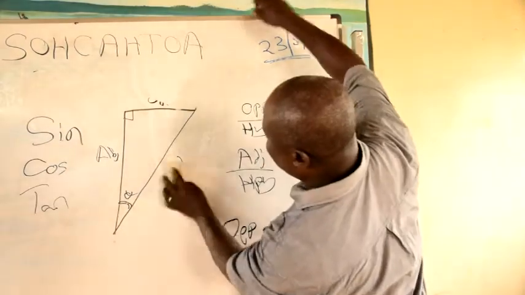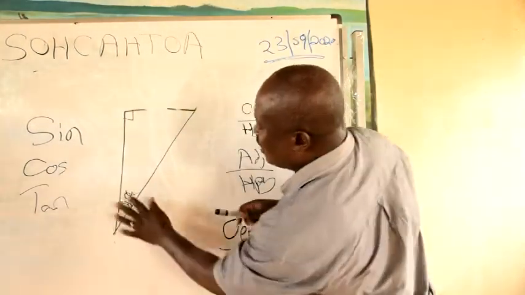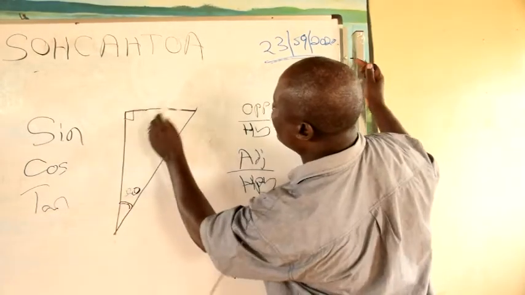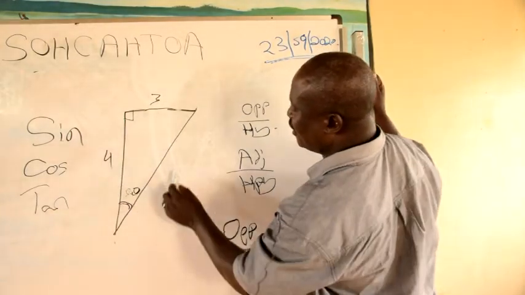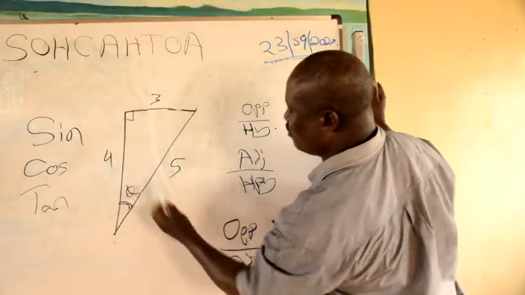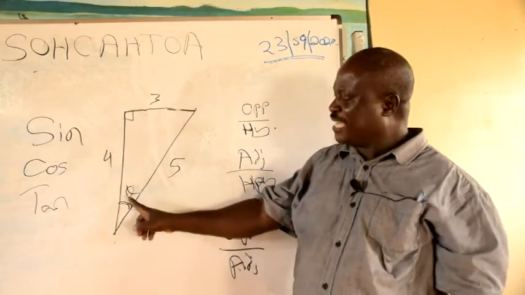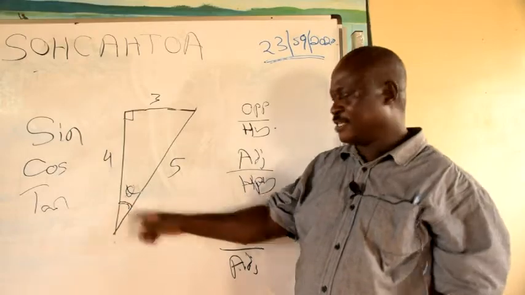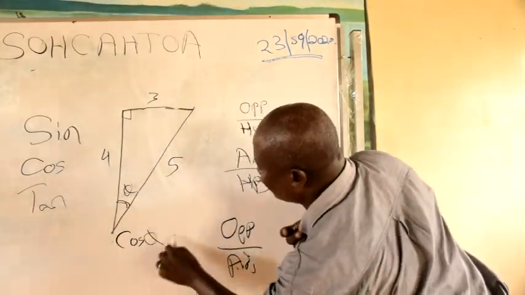So it means that if the triangle that we are dealing with has an angle, suppose this one is 3 units, this one is 4 units, this one is 5 units. No, that one cannot be angle 20. It is angle theta. Then cosine of the angle theta is equal to what?